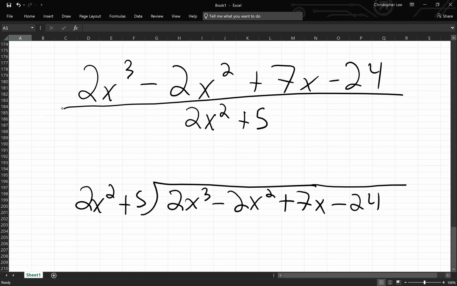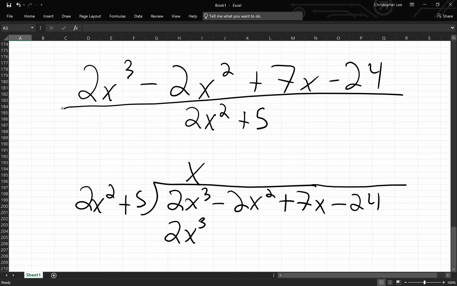2x squared goes into 2x cubed how many times? Not one time. It's a variable I'm looking for. X times, right? And then x times 2x squared is 2x to the third.